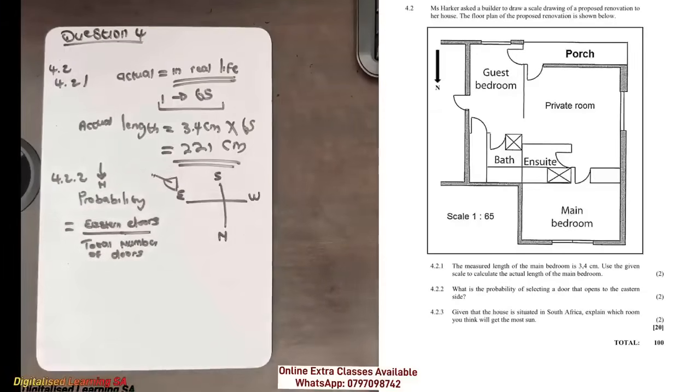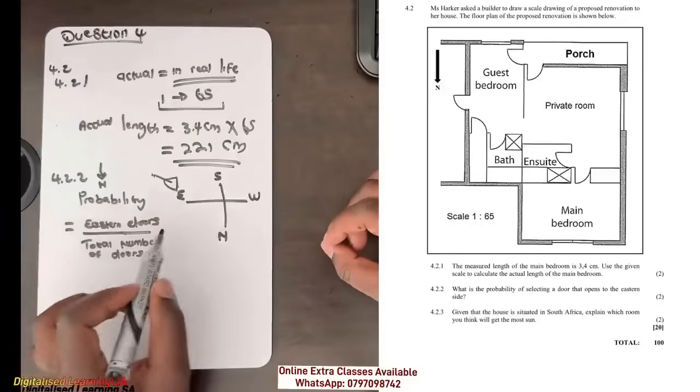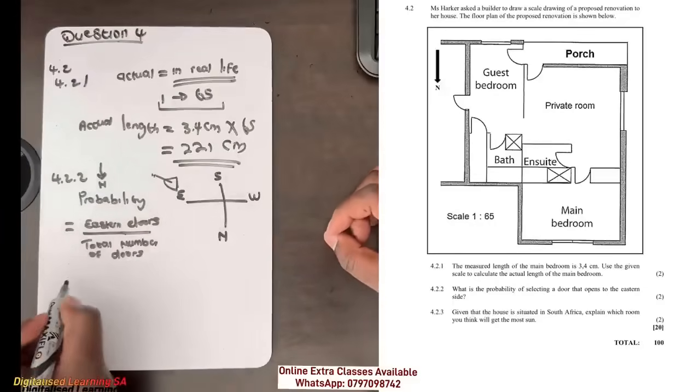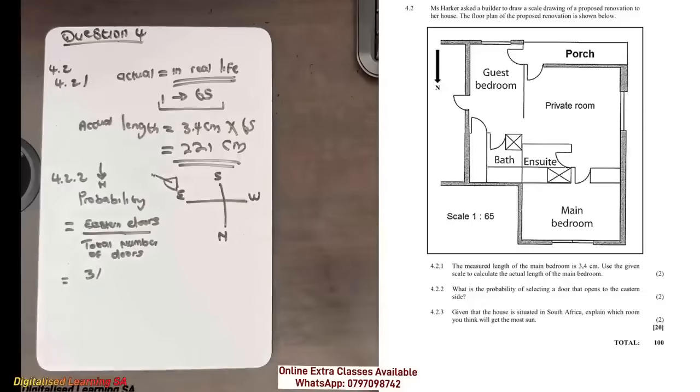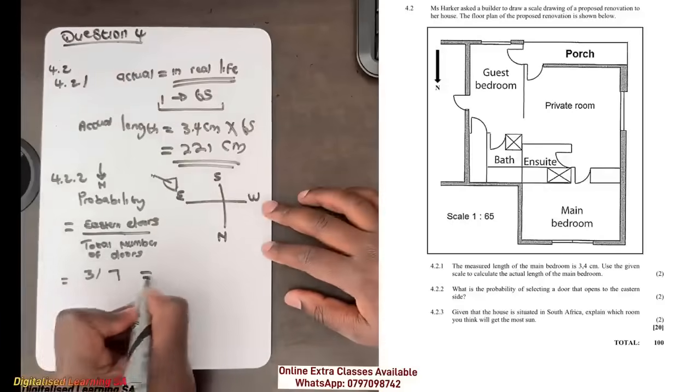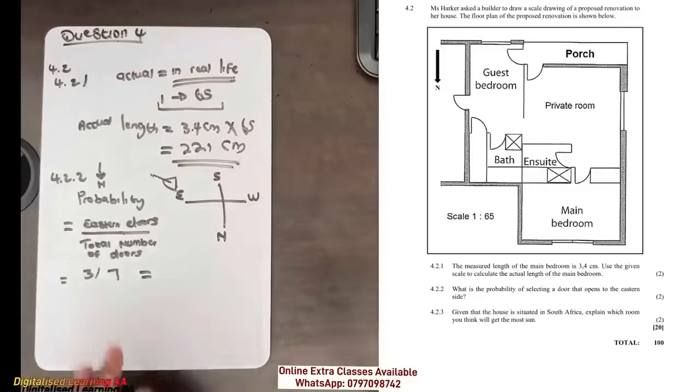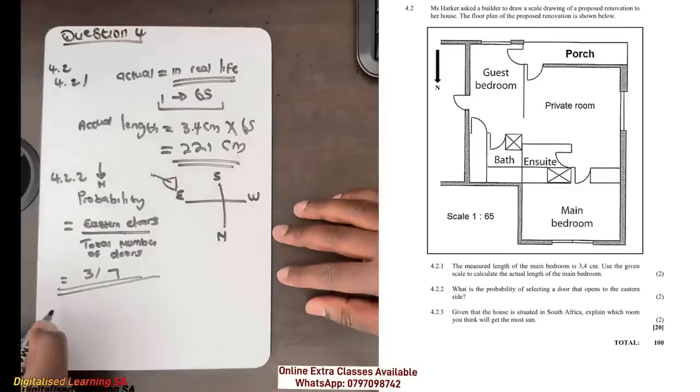If we count them, we can see that we have 1, 2, 3. So there are only 3 doors that open to the eastern side, to this side. So we will have 3 divided by our total number of doors. If we count the total number of doors, we can see that there are 1, 2, 3, 4, 5, 6, 7. So our probability will be 3 over 7.